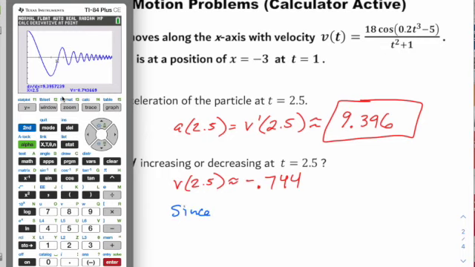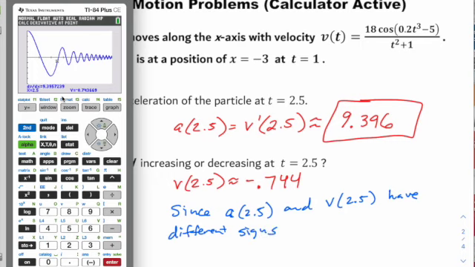They both need to be mentioned in your justification. So since A of 2.5 and V of 2.5 have different signs, or you could specifically say, since one's positive, one's negative, whatever, that means the speed is decreasing.